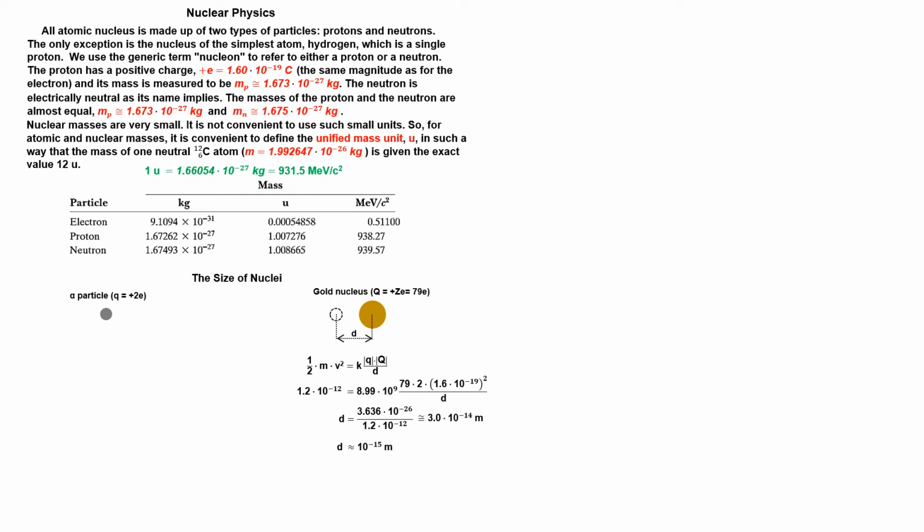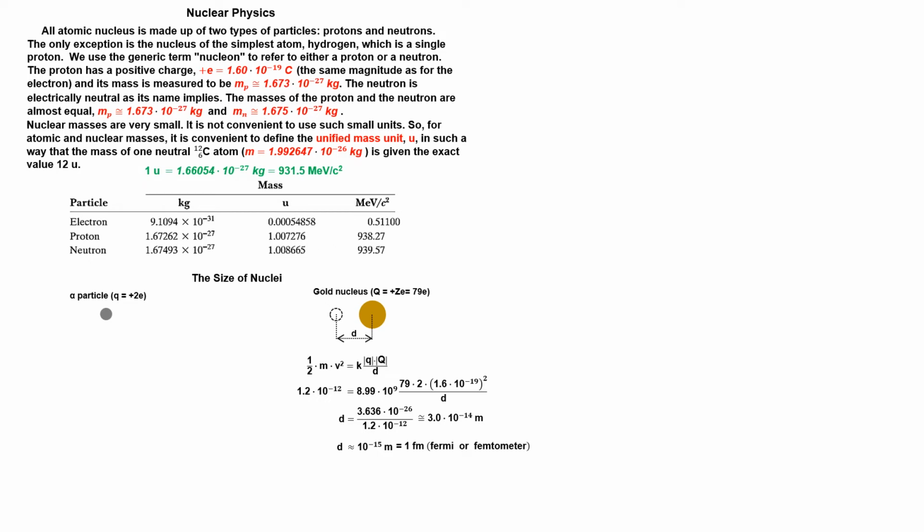Because such small lengths are common in nuclear physics, a convenient unit of length is the femtometer, sometimes called the Fermi, defined as 1 unit of length equal to 10 to the power of minus 15 meters.